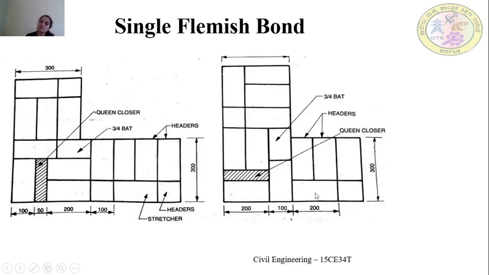Next to the stretcher, we have placed the half bat. Since it is 1.5 brick thick, including mortar thickness, this is 100 mm. So since it is 1.5, it is a 30 centimeter wall. This is 100 mm, so here we need to place the stretcher. So in single Flemish bond, we will utilize queen closure as well as half bat as well as 3/4 bat.